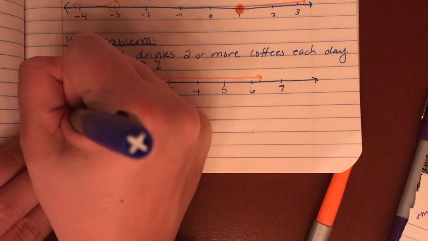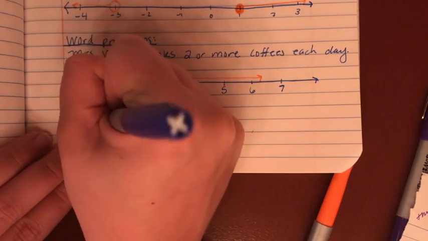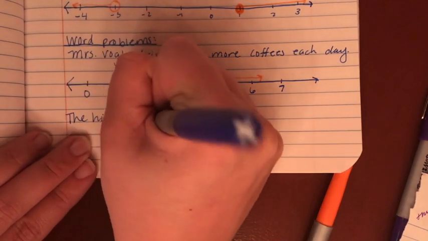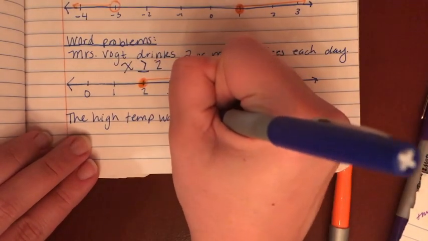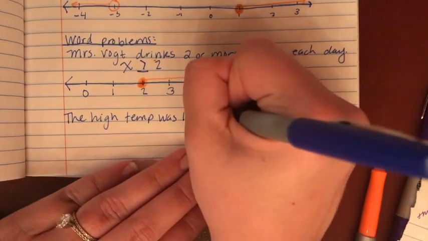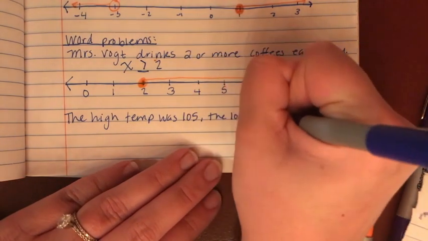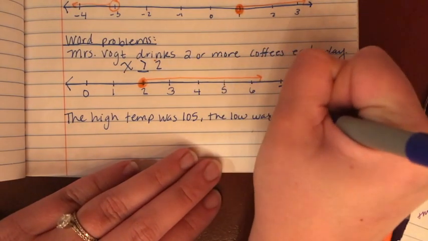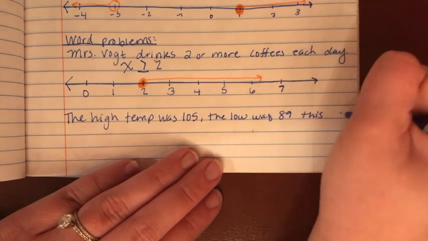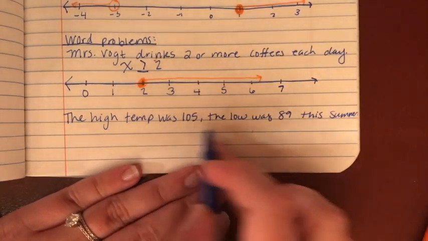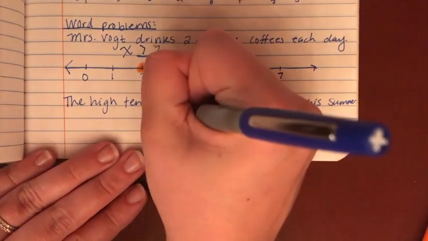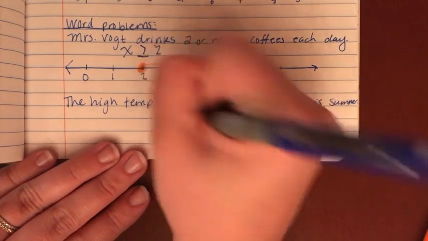The temperature, or let's say the high temperature, was 105. The low was 89 this summer. And we're asked to write this as an inequality. So let's do X to start. X is going to represent temperature.